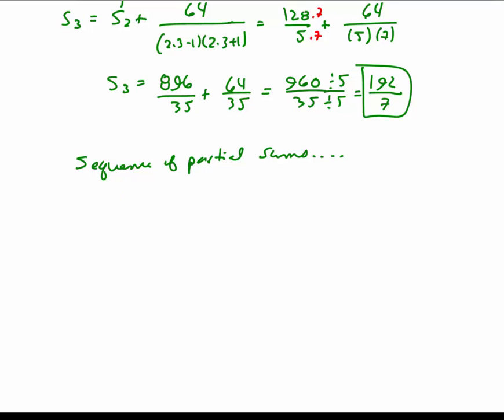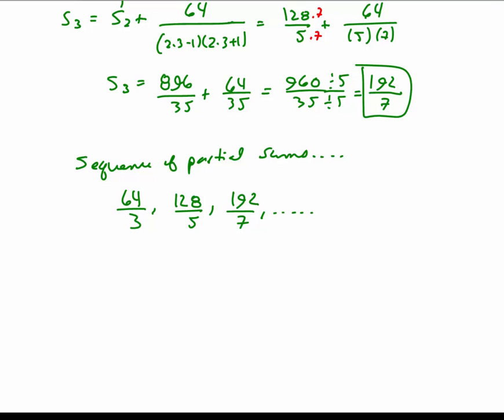So s sub 1 was 64 over 3. S sub 2 was 128 over 5. S sub 3 that we just found was 192 over 7. So I'm trying to figure out a pattern here, something I could predict. Well, one thing I see in the denominator is a sequence of odd numbers, 3, 5, 7, etc.